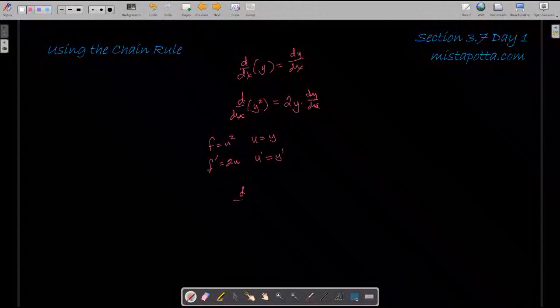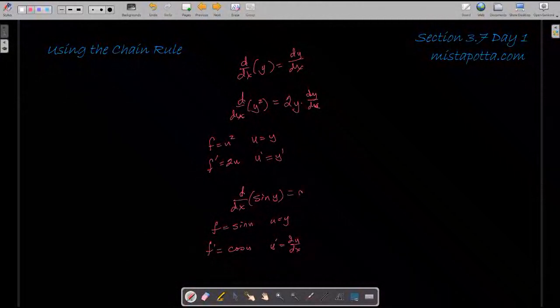So if I wanted to take the derivative of sine of y, I'm going to treat this as a composition of functions. F is equal to the sine of u, where u equals y. And so the derivative of sine is cosine of u, and the derivative of u would be dy dx.